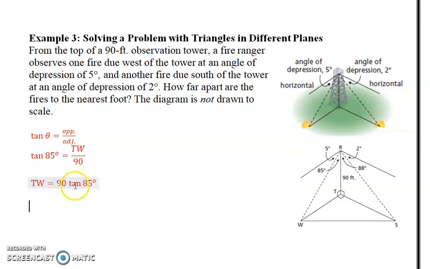I always put the number that you're multiplying in front of the tan, because if you put it at the back after the 85, you may think that you're going to put that in your calculator. In case you didn't put the brackets in, it'd mess up a little bit, so we have to be careful there.